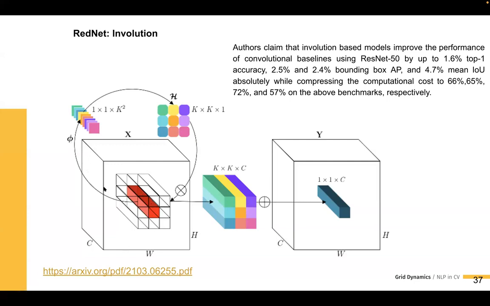Function phi turns this pixel into the form K squared. Then we unroll this K squared, and after that we apply this matrix K by K to all the channels by sequence, and we get K by K by channels. And after that, we just sum up all the stuff and get only one.